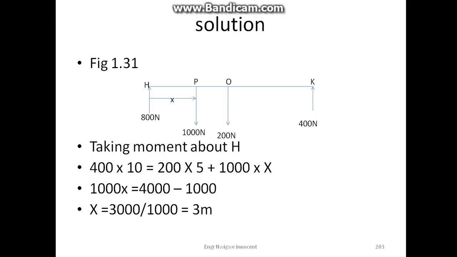Collecting like terms, we have that 1000x is equal to 4000 minus 1000. Making x the subject of the formula, we have 3000 over 1000, which gives us 3 meters.